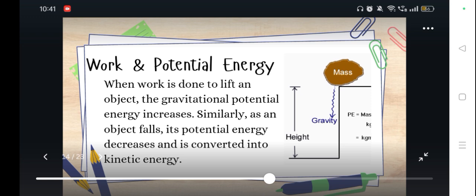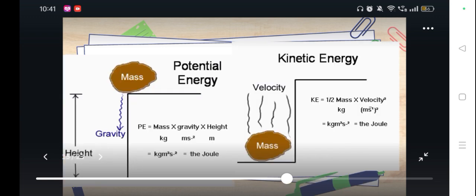So changing the object's height from low ground to high ground increases the potential energy. So when the object is situated at greater heights, and then when it falls, that amount of potential energy, the same energy, is then converted to kinetic energy.